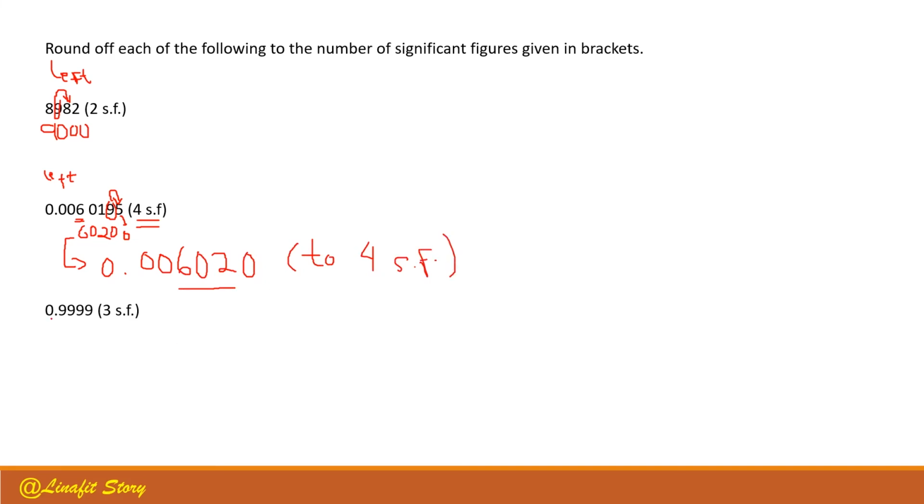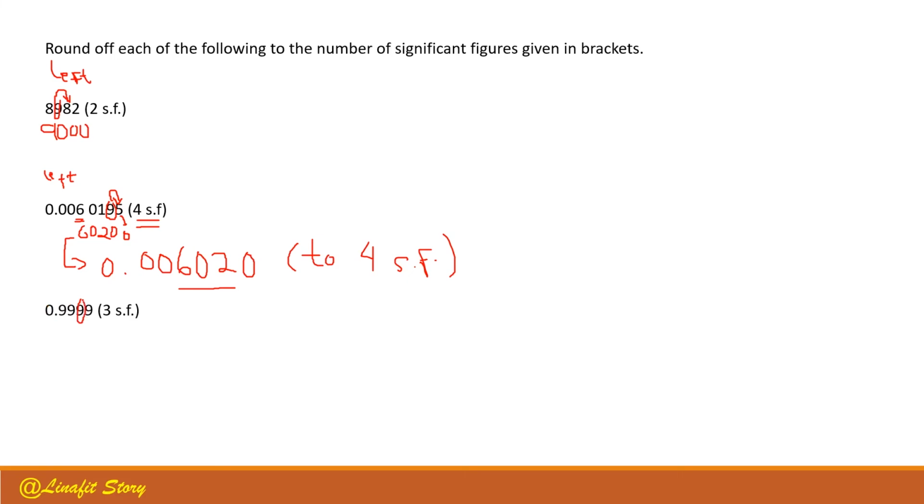Next, 0.9999 to three significant figures. Remember, identify the significant figures starting from the left. This 0 is not significant. So 1, 2, 3.